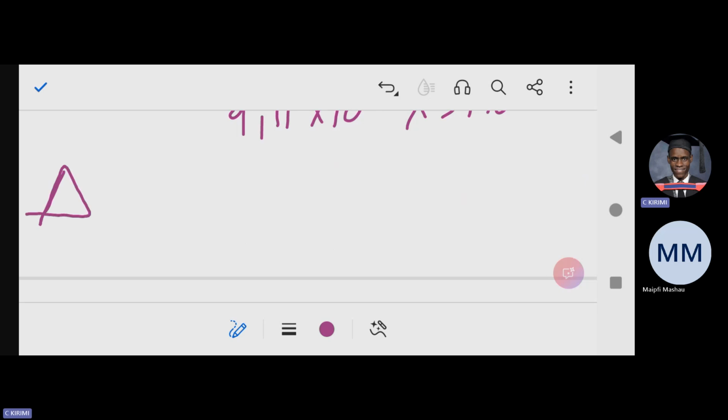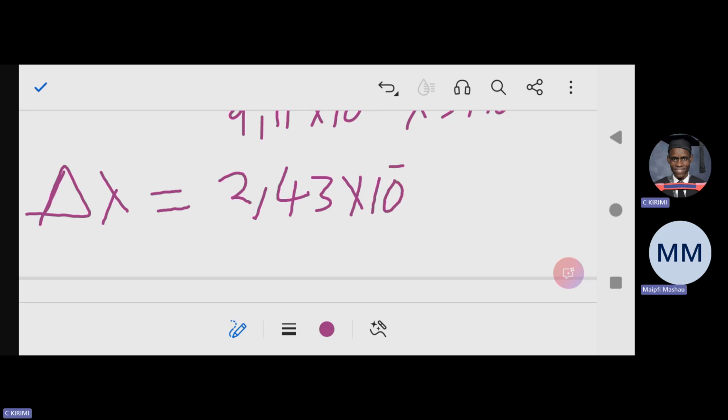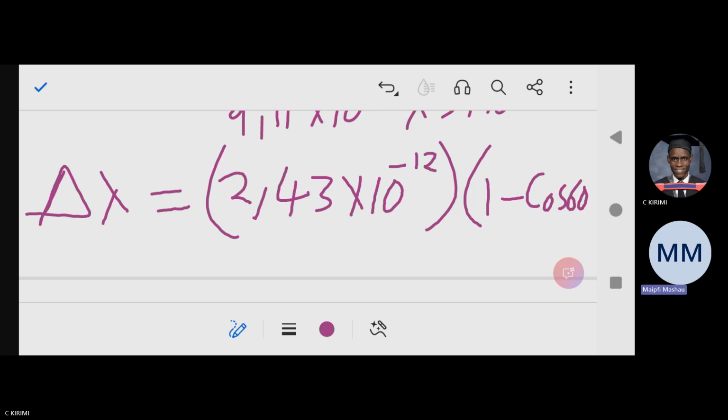So the change in wavelength is equal to 2.43, the one that you got, times 10 to the power of negative 12, bracket 1 minus cos. Just punch everything, calculate, and tell us what is the change.